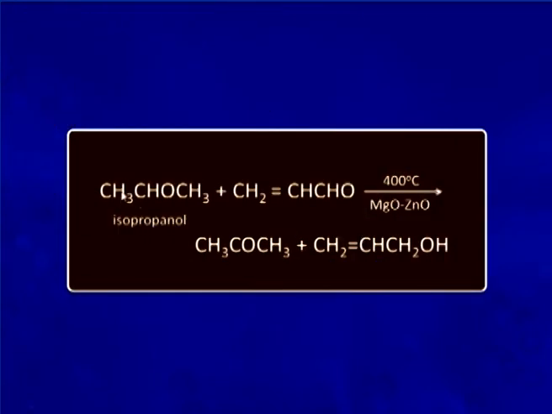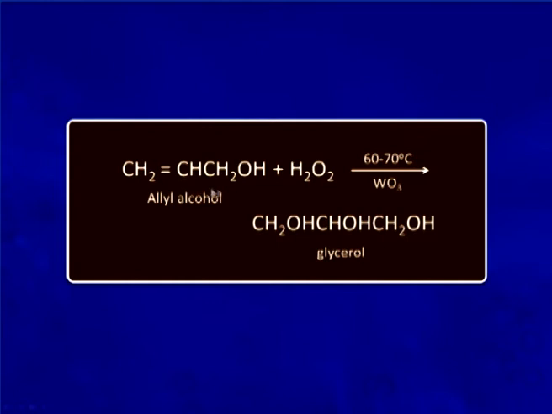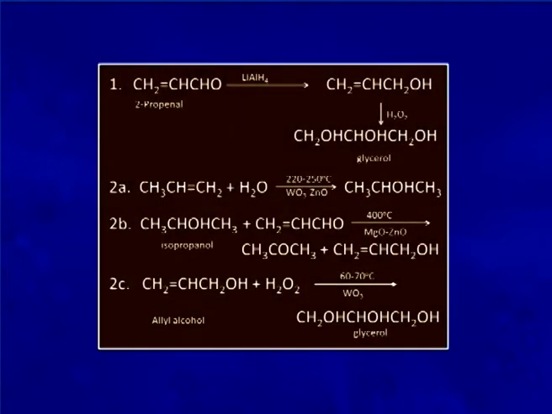Isopropanol reacts with propanol to form acetone and allyl alcohol. Allyl alcohol then is treated with hydrogen peroxide to form glycerol. So, in all the methods so far we have discussed for the synthetic preparation of glycerol, it is either propene or propanol which is converted into propane 1,2,3 triol, that is glycerol.